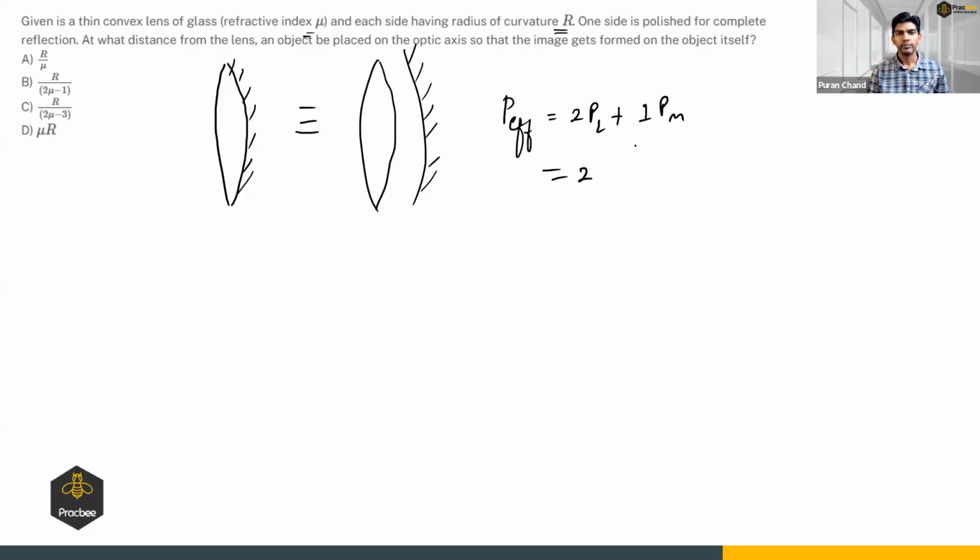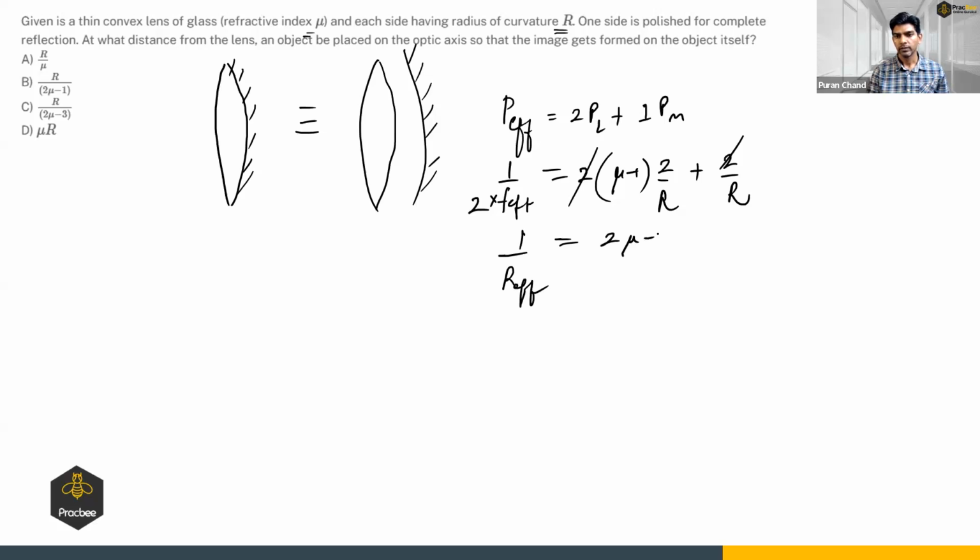So this will be 2 times (mu minus 1) times 2 by r plus 2 by r, right? And that will be 1 by f effective. So multiply this by 2, so this will be 1 by r effective.